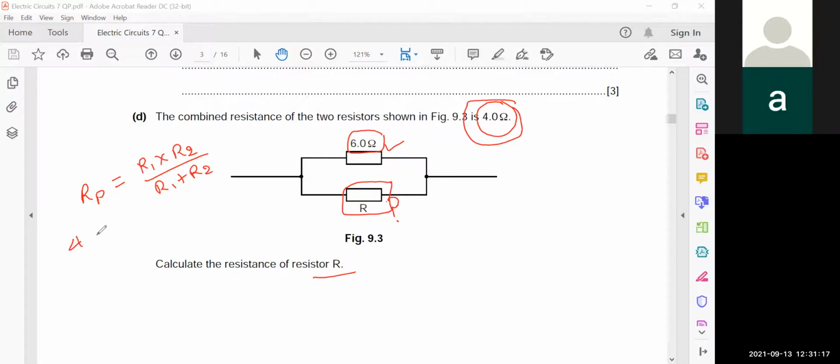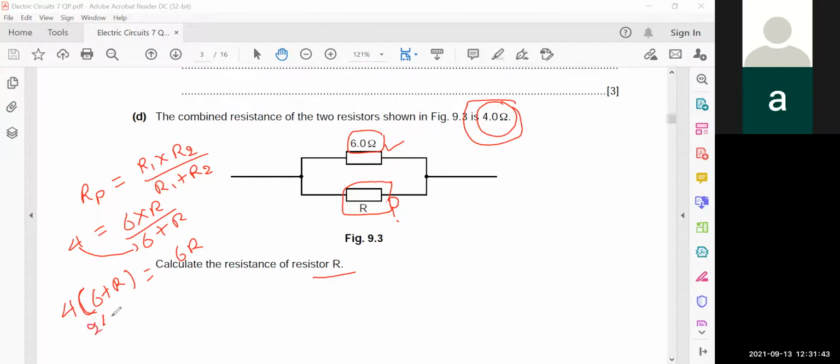Write 4 equal to 6 times R divided by 6 plus R. In the next step, children, you have to cross multiply: 4 times (6 plus R) equal to 6R. Be careful, children. Sometimes students multiply only 4 with 6 and forget to multiply R also with 4.